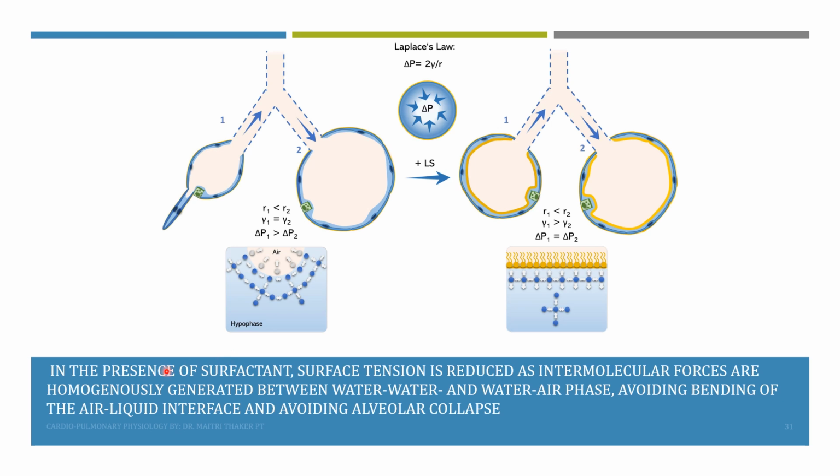In the presence of surfactant, the surface tension is reduced as intermolecular forces are homogeneously generated between water-water and water-air phases, avoiding bending of the air-liquid interface and avoiding alveolar collapse. So these small alveoli can't collapse beyond a certain amount, and they remain open. That is the main function of our surfactant.